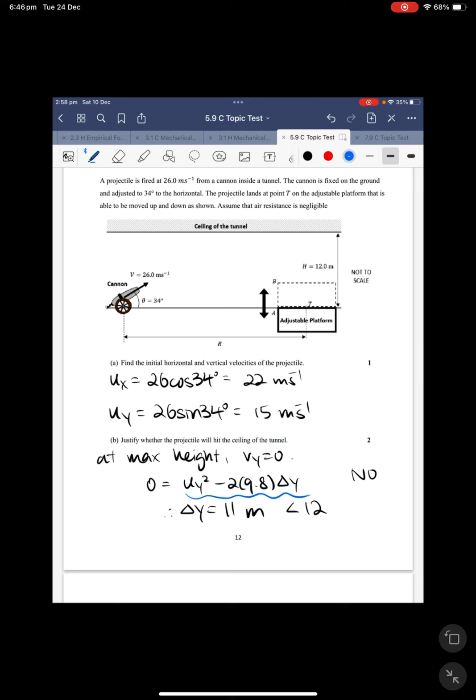The equation I've used here is v squared equals u squared plus 2as, or interchanging y here, right? And we already know the initial vertical velocity because we worked that out in the last question. And so we can rearrange this formula to get that the max height is going to be 11 meters, which is less than 12 meters, and so it will not hit the ceiling of the tunnel.